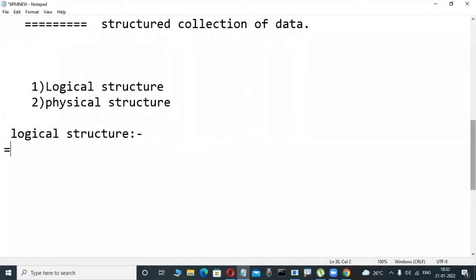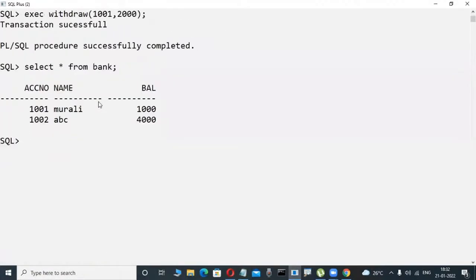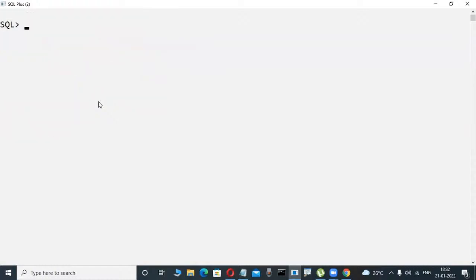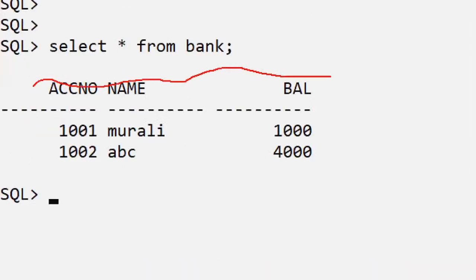Suppose today this is Oracle. I'm installing it, okay, fine. In this Oracle software, I try to create a table. Maybe bank is a table, in the previous case. Already I'm creating tables in other classes.